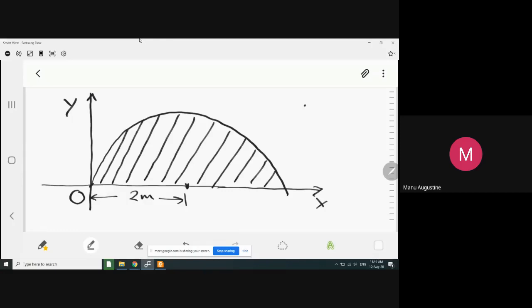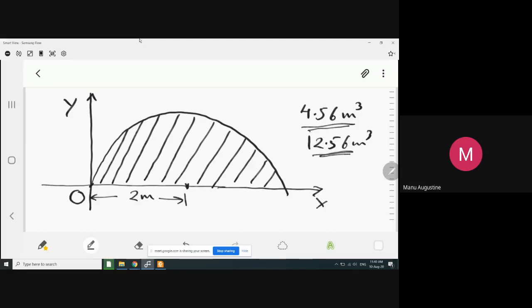Okay, one answer is 12.56 meter cube. We will check whether this is correct or not. Okay, somebody else is saying 4 pi meter cube. We'll see. Now, please listen to me how this is solved.